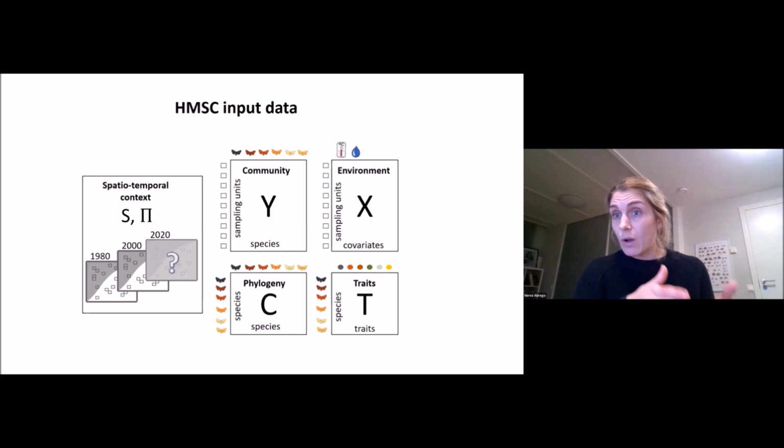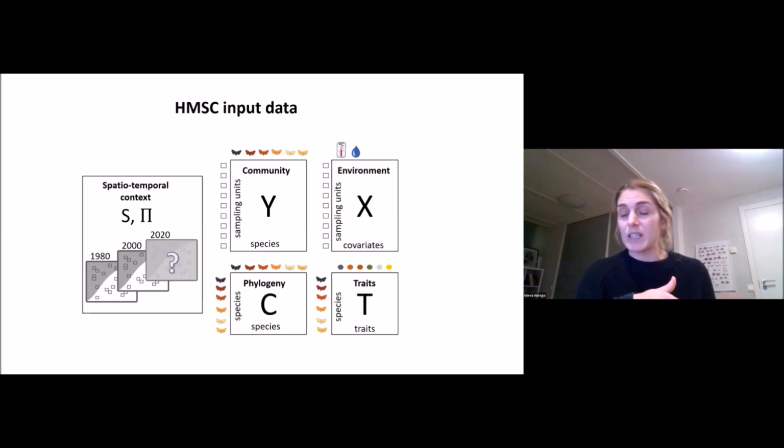So it's possible to do single species distribution modeling with HMSC, but what it is really meant for is this type of multivariate species distribution modeling. So we have many species across many sampling units.